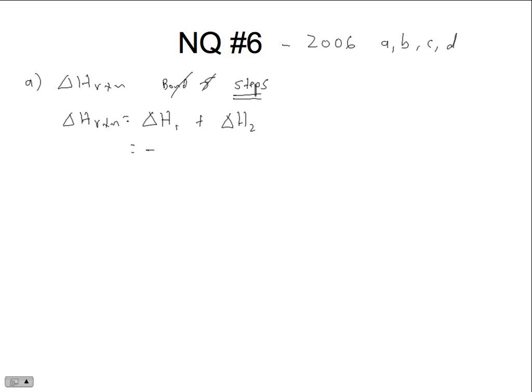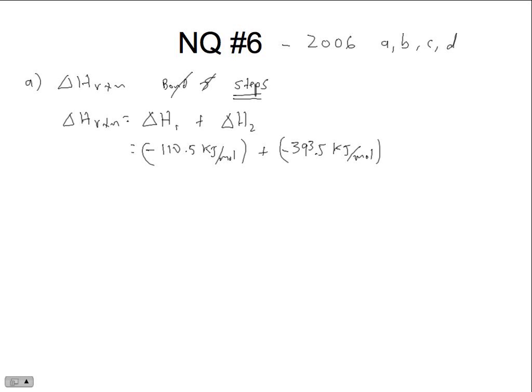Referring to the values, we have the first being negative 110.5 kilojoules per mole, and the second being negative 393.5 kilojoules per mole. Now I'm going to ask you guys to look at this reaction on your green packet.